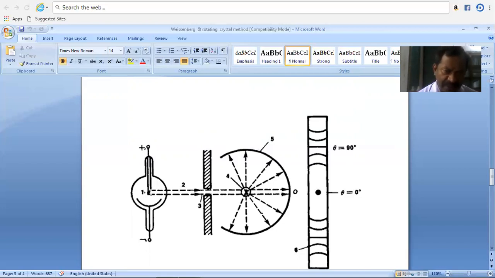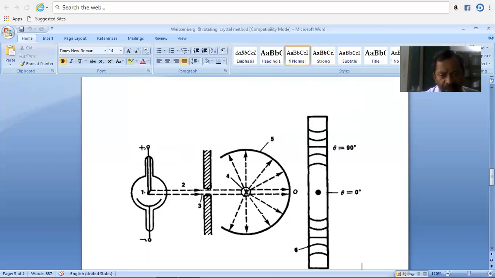One is the X-ray from the X-ray tube. Three is the slits S1, S2, this one and this one. These are the lead slits.